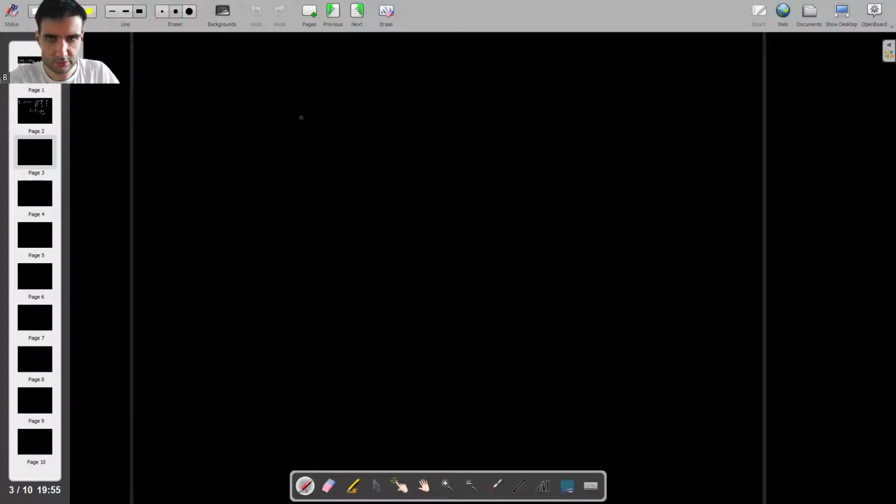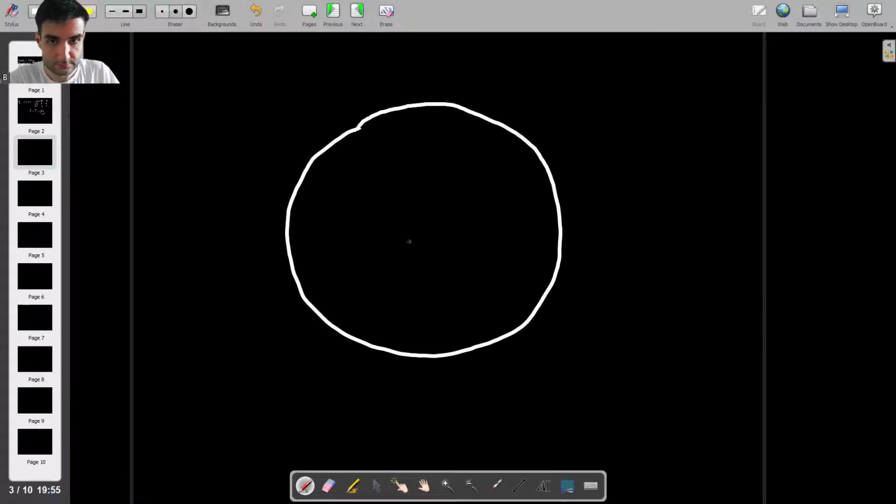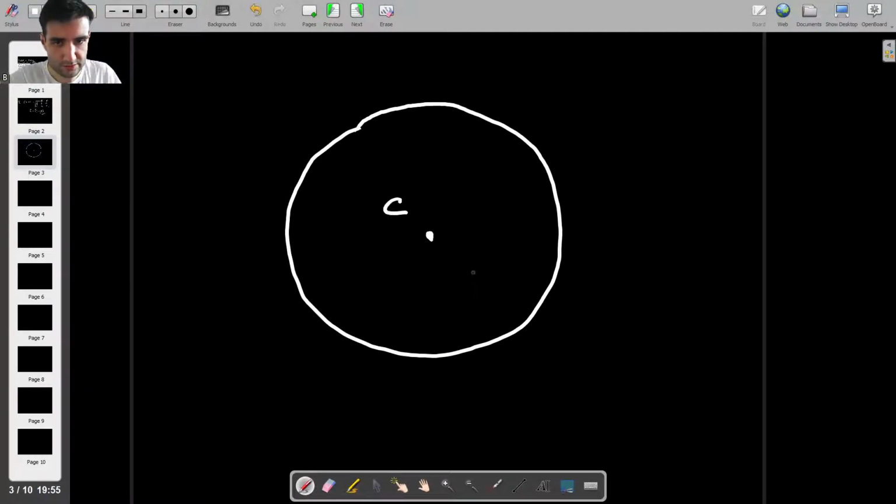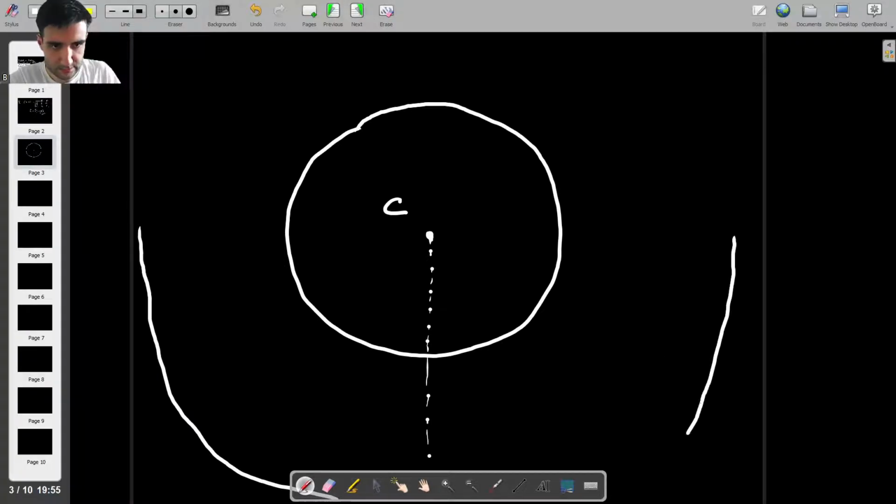And what I'm going to do now is draw the inner circle. So this is point C, as I called it previously, and then this is the outer circle, which I'm not going to draw the entirety of, but just part of it will be fine just to give us some measure of perspective.